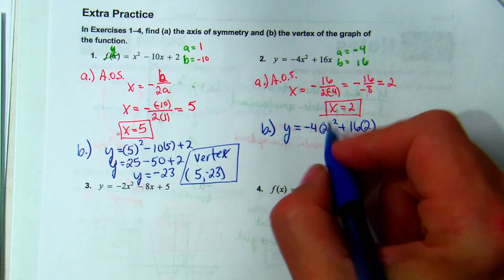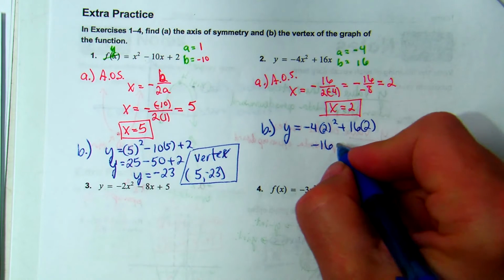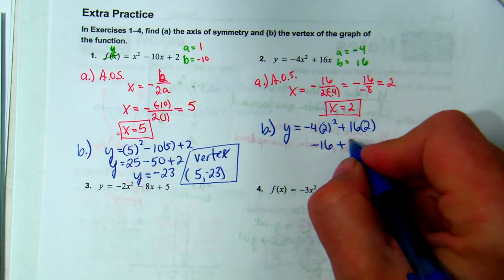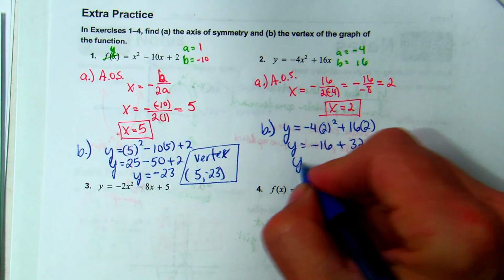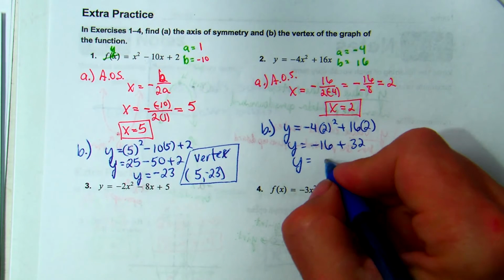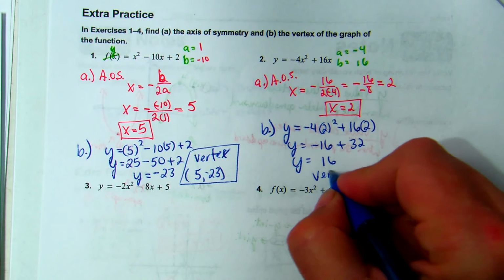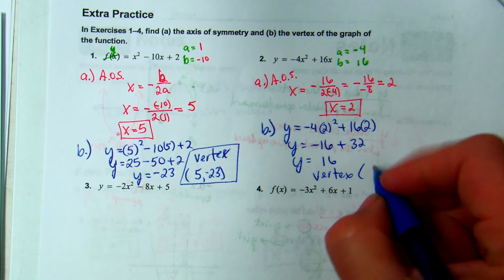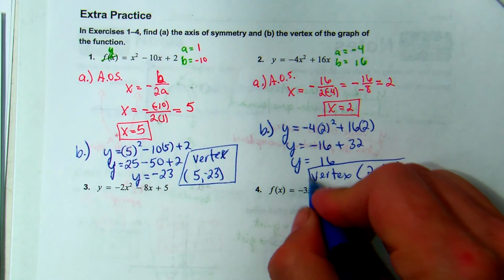Negative 4 times 4 is going to be a negative 16. Plus 16 times 2 is going to be a 32. So now y equals this. And if I do my math here, I'm going to end up with a positive 16. So my vertex is going to be at 2 and 16.